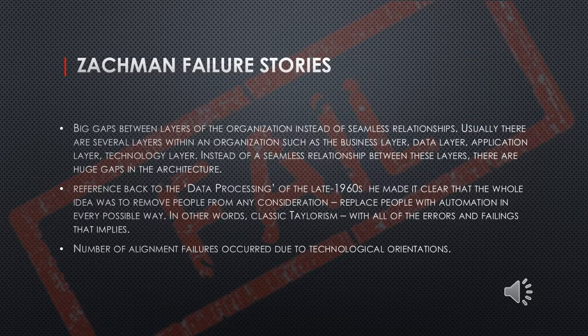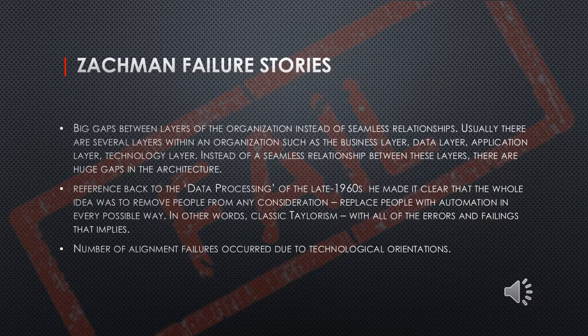With Zachman frameworks, there were big gaps between the layers of the organization instead of a seamless relationship. Usually, there are several layers within an organization, such as business layers, data layers, application layers, and technology layers. Instead of a seamless relationship between these layers, there are huge gaps in the architecture framework, which is Zachman.